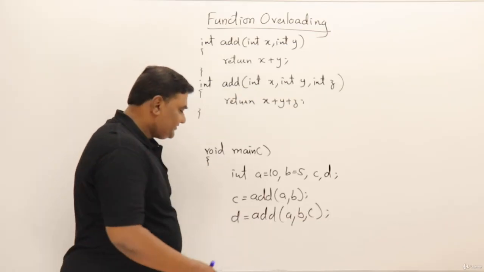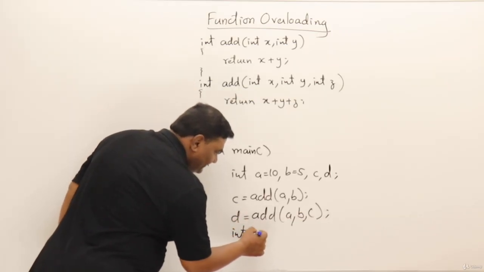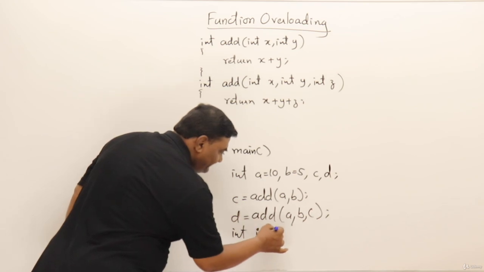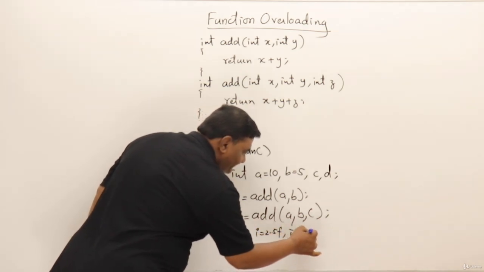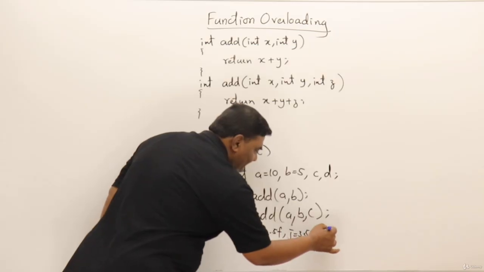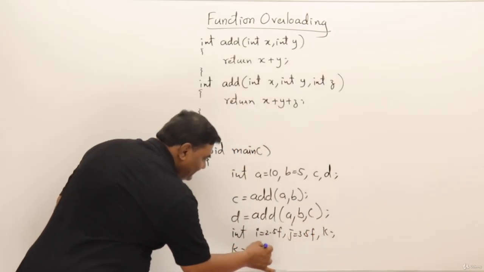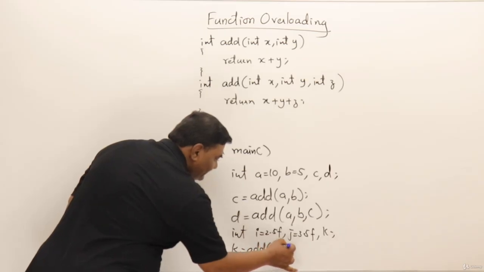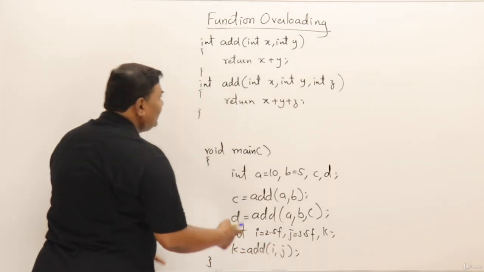Now one more example I'll show you. I have float numbers i as 2.5f and j as 3.5f, and k assigned add i comma j. I am calling the add function with floats. Do I have it?